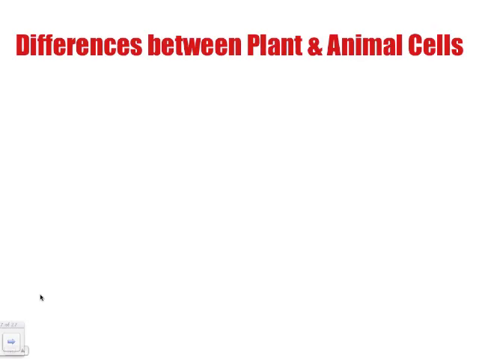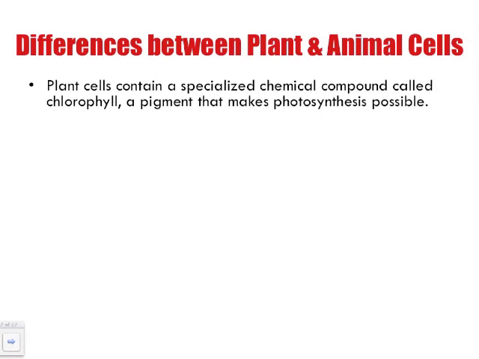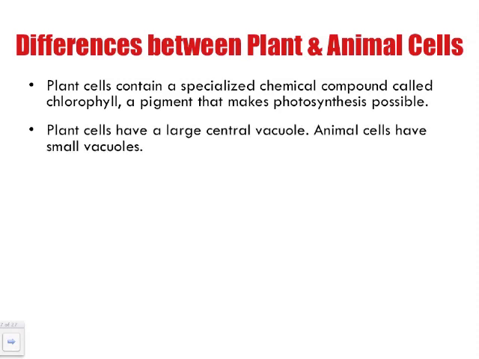We've already looked at both the plant and animal cell, and let's look at some of the differences between plant and animal cells. All right? Plant cells contain a specialized chemical compound called chlorophyll, as we talked about before, a pigment that makes photosynthesis possible. Plant cells have a large central vacuole, as we've shown before, while animal cells have much smaller vacuoles.